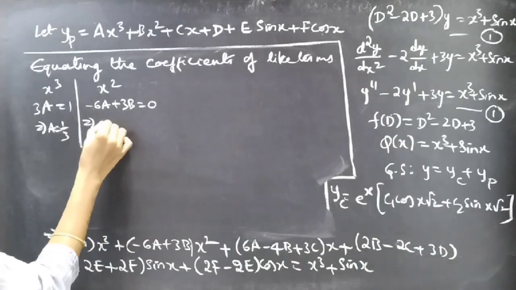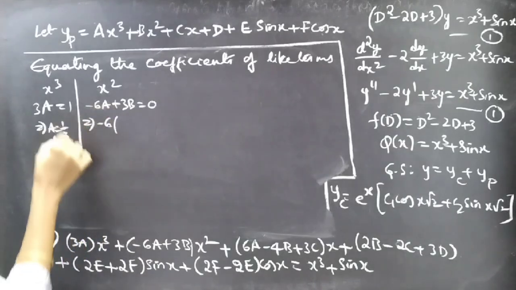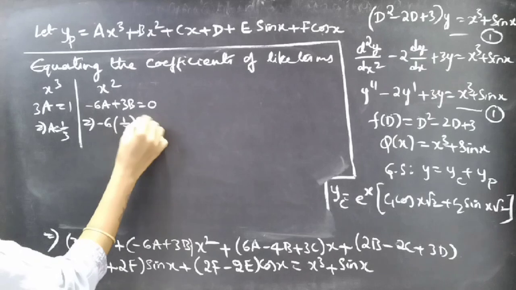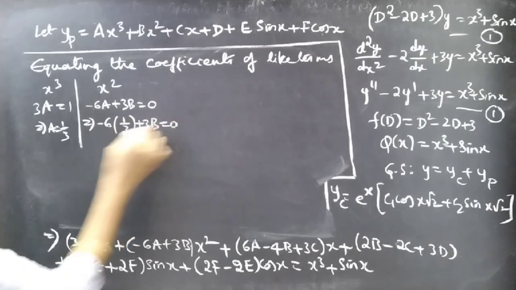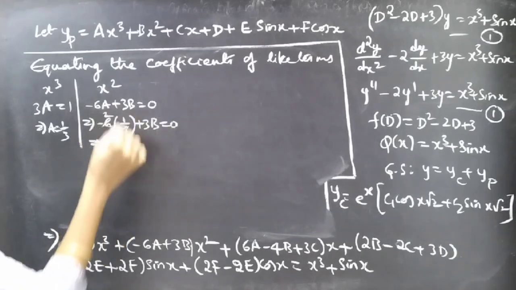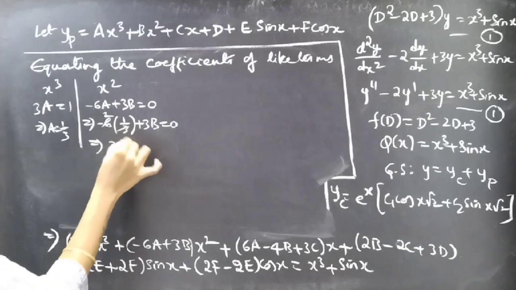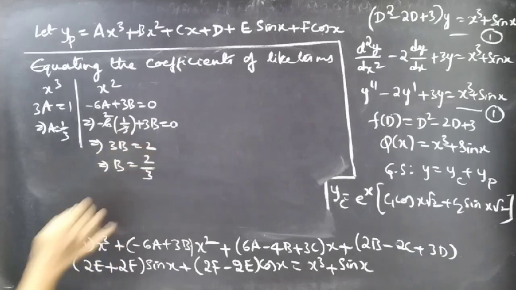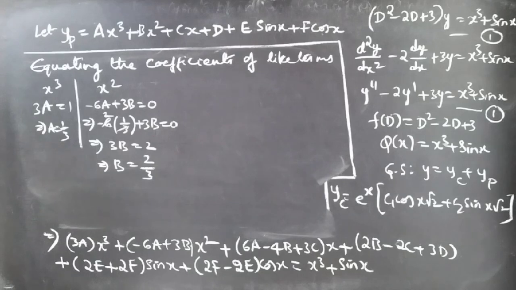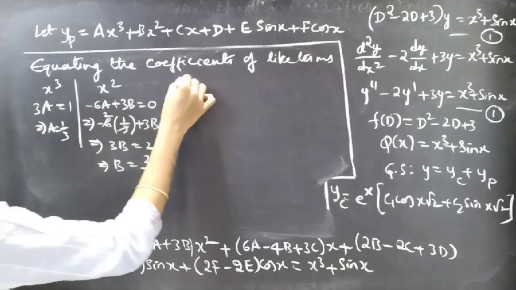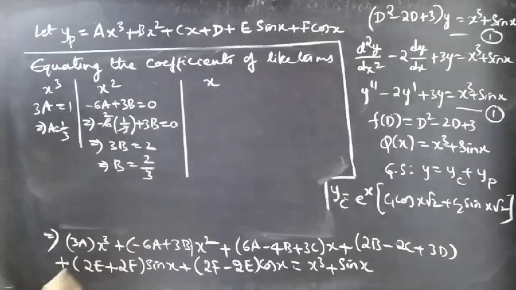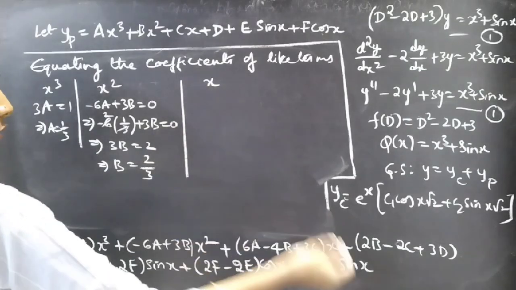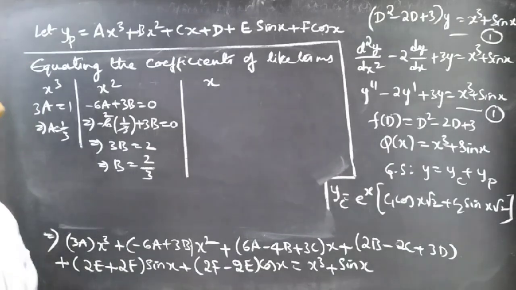You'll get, substitute a since we have a equal to 1 by 3, which gives us 3b equal to 2, then b equal to 2 by 3, right? Now equate the equations of x. You don't have any x term in RHS, right?